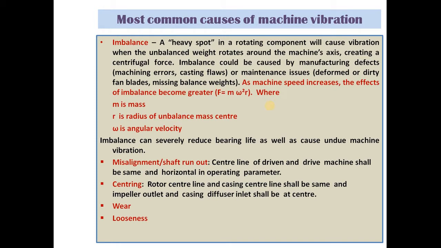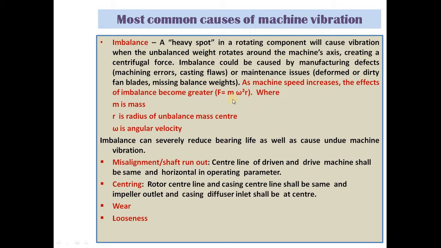these defects come on a rotor assembly, there will be a centrifugal force, and that force is equal to m omega square r, where m is equal to mass, r is radius of unbalanced mass center, and omega is angular velocity.